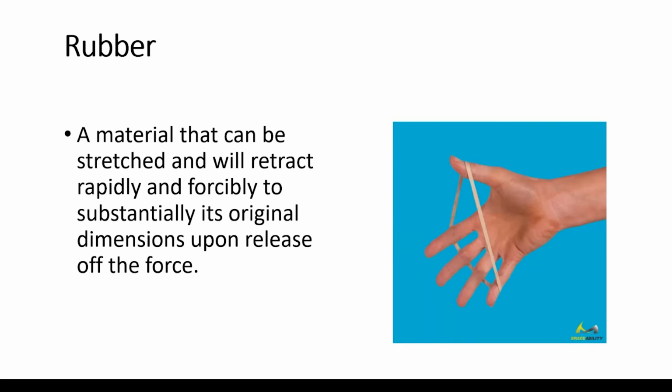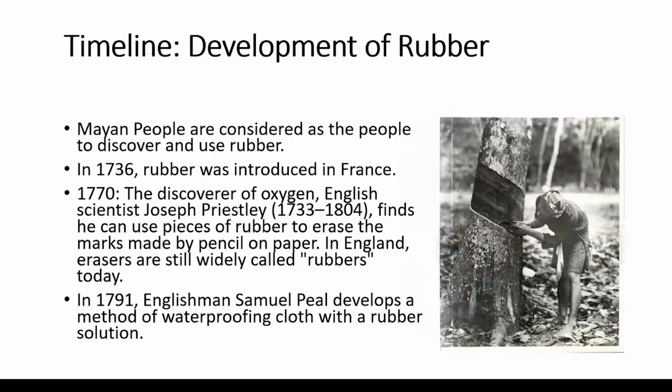Next slide, please. Timeline: the history and development of rubber. Mayan people are considered the people who discovered and used rubber. The Mayan people were situated in Mexico and Central America. In 1736, rubber was introduced in France.